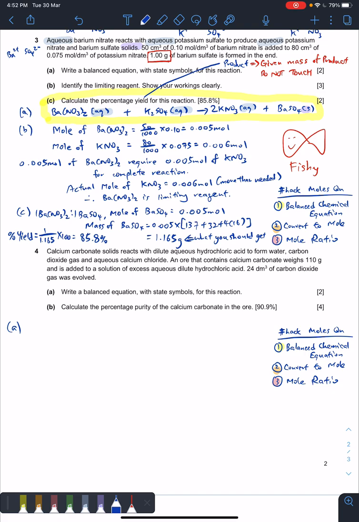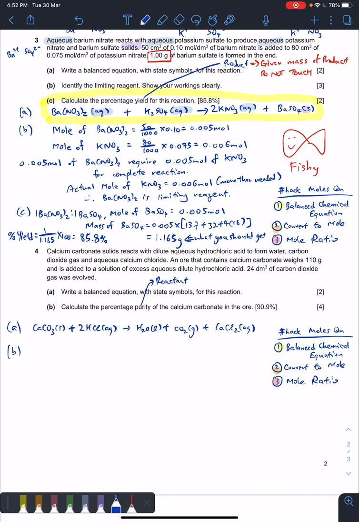Okay, let's look at this. Calcium carbonate solid plus hydrochloric acid gives you water plus carbon dioxide gas plus calcium chloride solution. Oh, purity. Purity means reactant.